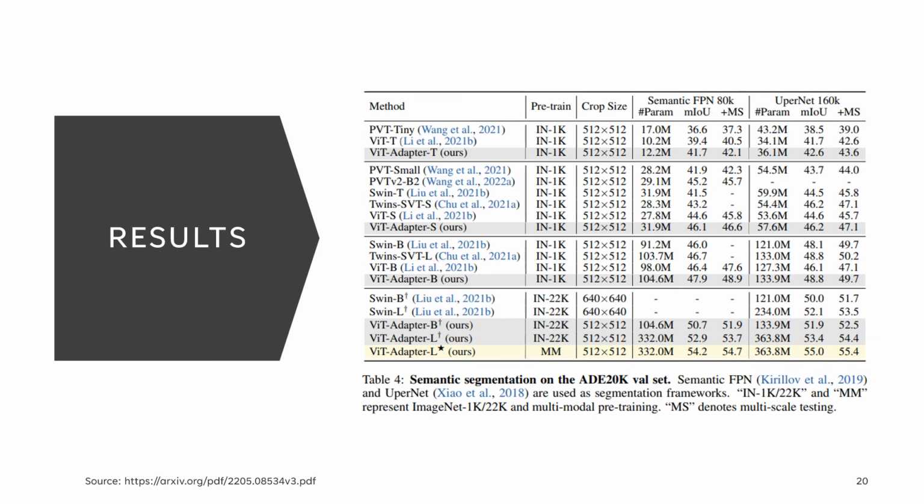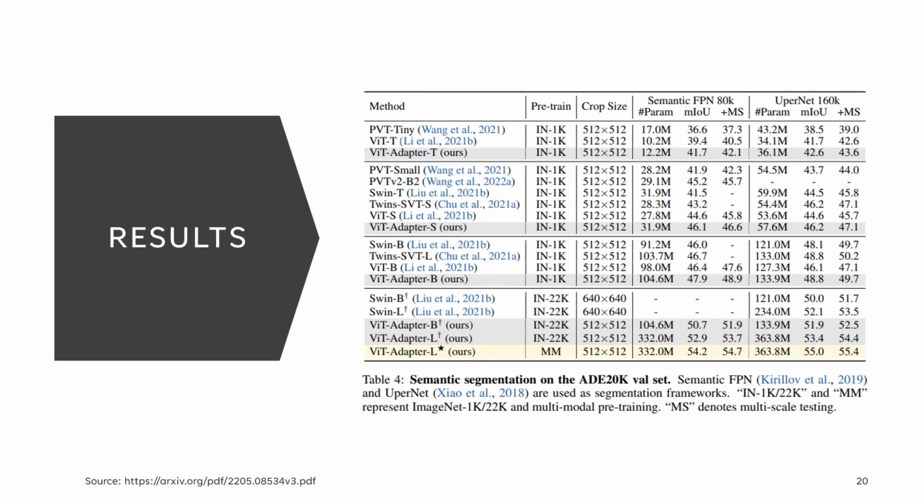On ImageNet-1K pre-training, the ViT adapter small outperformed models such as the Swin transformer and the plain ViT by achieving 47.1 multi-scale IoU with UperNet.